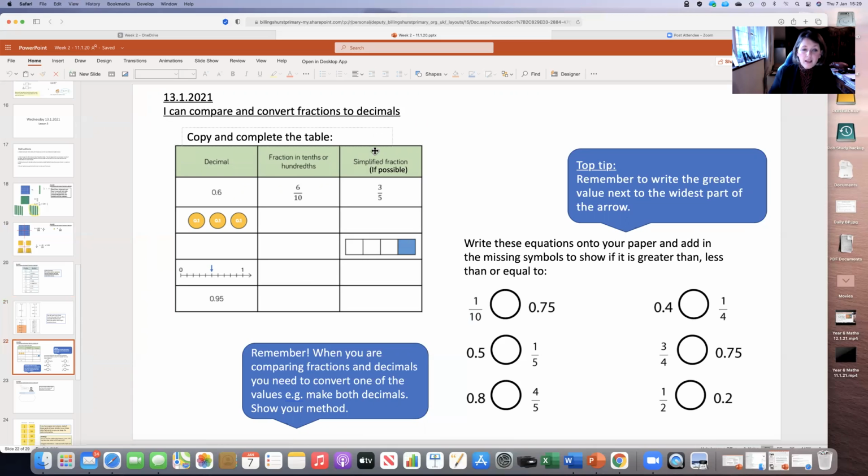And if possible here, we'd like you to simplify those fractions. And one example has been done for you, because 0.6 is a decimal, we know is equivalent to 6/10 written as a fraction. And if we were to simplify 6/10, we would write that as 3/5.